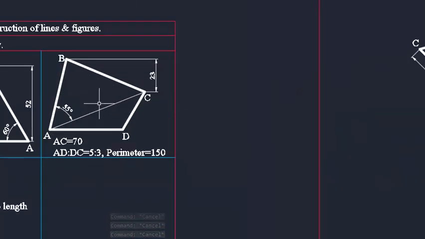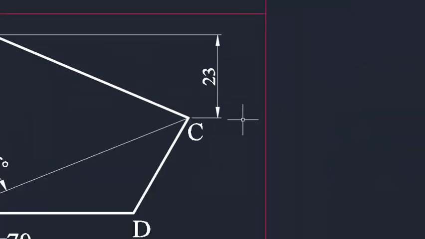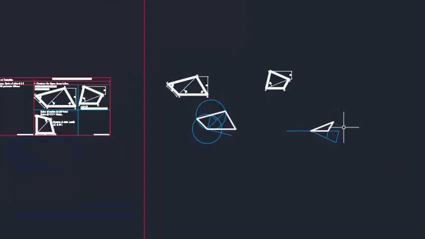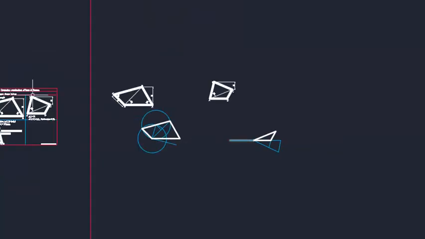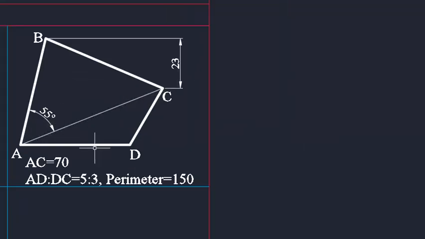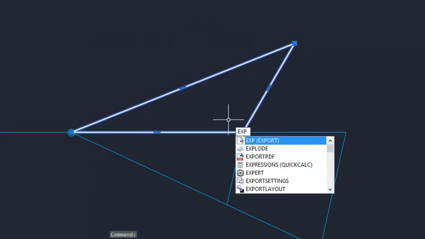So now the other one: from here you had 23, and here you had an angle of 55 degrees to get point D. That one is the easiest part of it. 23, 55. Okay, I can explore this a little bit.